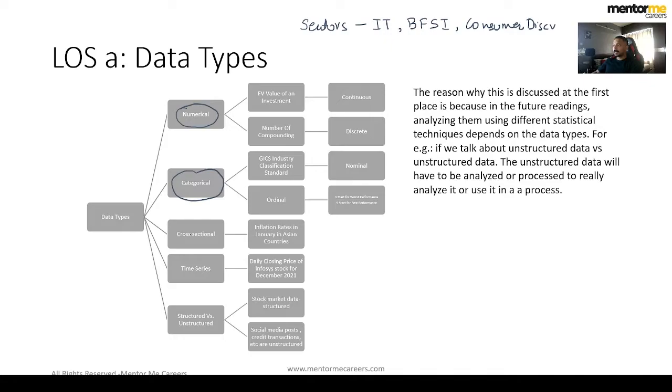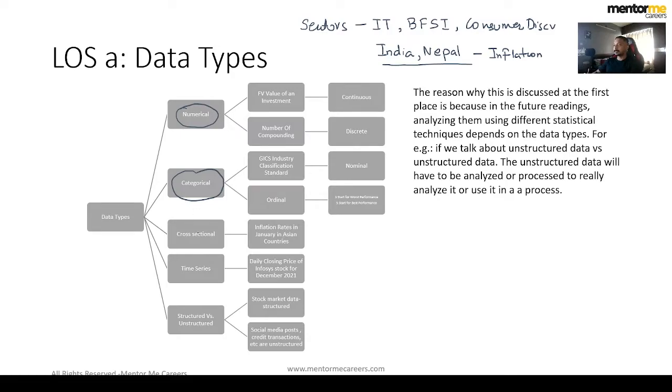Cross sectional is like saying that if we were to analyze India and all the other Asian countries like Nepal, Bangladesh, etc., and we are trying to analyze their inflation for a specific month. That would be an example of cross-sectional data, because you're just looking at a specific month and a specific set of countries.